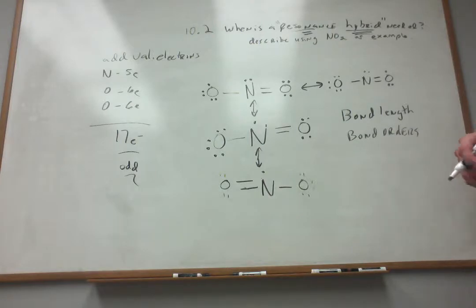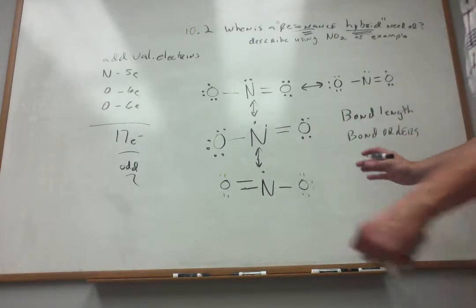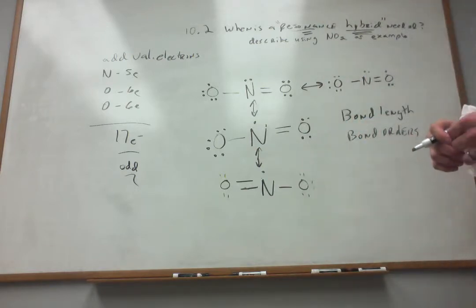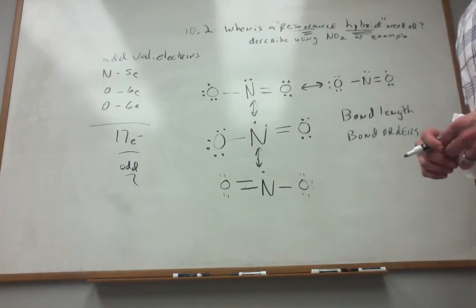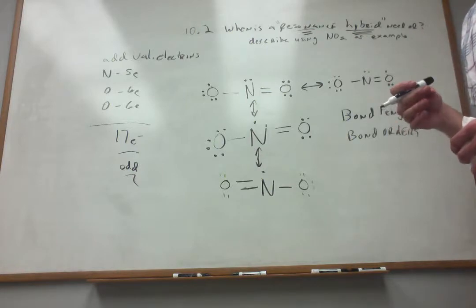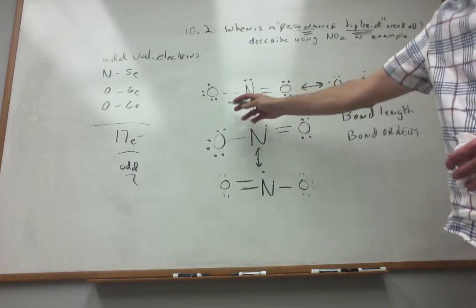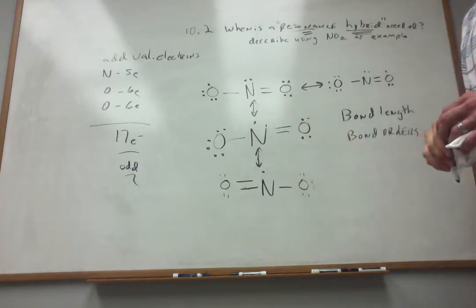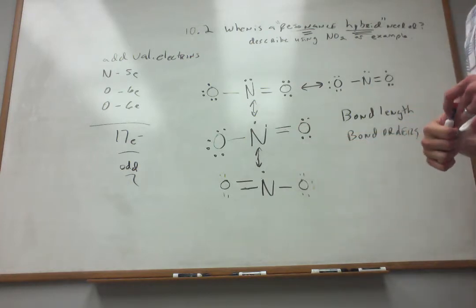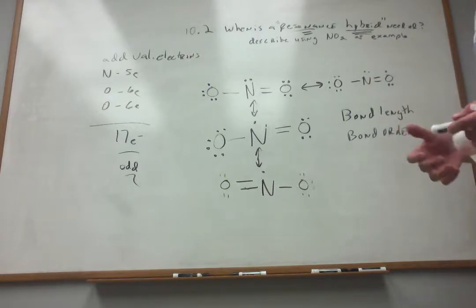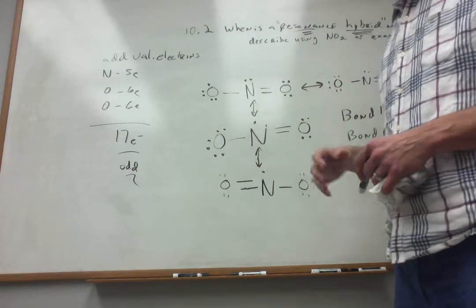Think about bond length. That's just the length of the bond between the atoms, between the nitrogen and the oxygen. It turns out that if I go into the lab and I try to measure and study what the bond lengths are between these two bonds, I find that experimentally they're identical. I can't necessarily tell the difference between this bond and that bond experimentally.